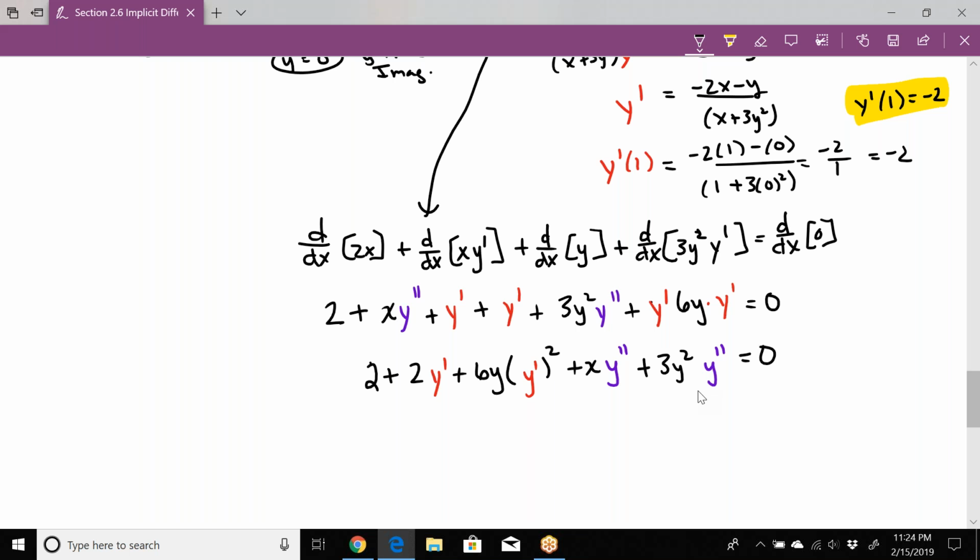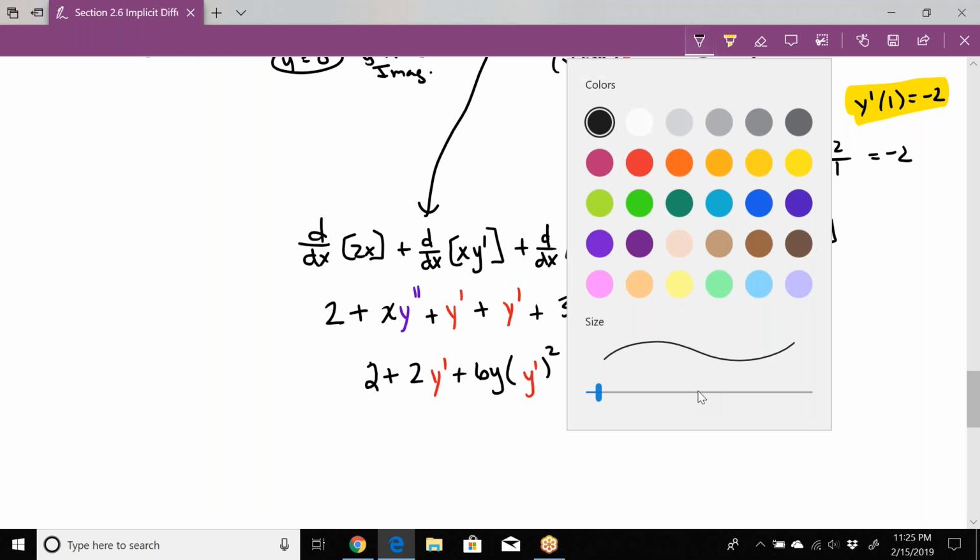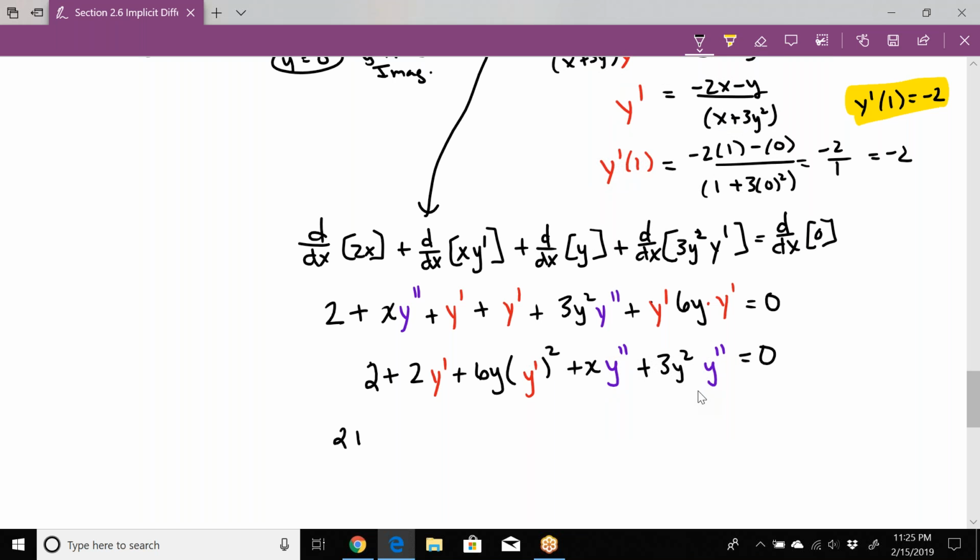So essentially, we're going to imagine we can plug in everything we know so far about this problem. So 2 plus, and remember we know the following things. y prime of 1 is going to be negative 2. So right now I'm actually going to write that before I plug it in because I'm evaluating this at 1. And remember our x is 1, our y is 0. So this is going to be 6 times 0, and then y prime of 1 squared, plus 1 for x, because remember our ordered pair is (1, 0), and we know that y prime of 1 is negative 2, which we're going to substitute in a minute.